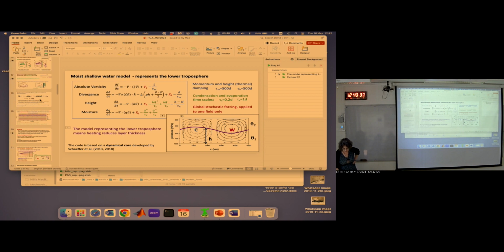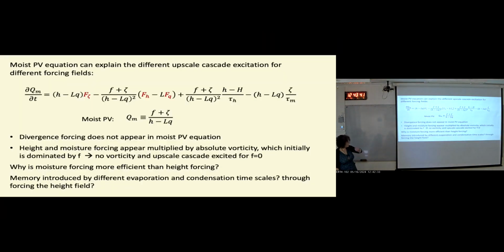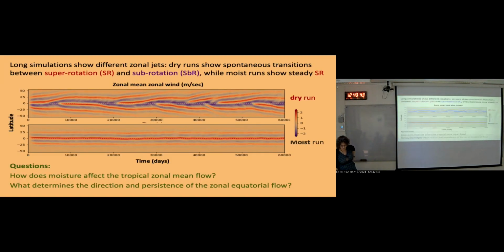Okay. So we were here. I don't have a lot of time like I thought would happen, but I do want to show you the super rotation and sub-rotation. So this is latitude, and you do a zonal mean over the winds in the model.